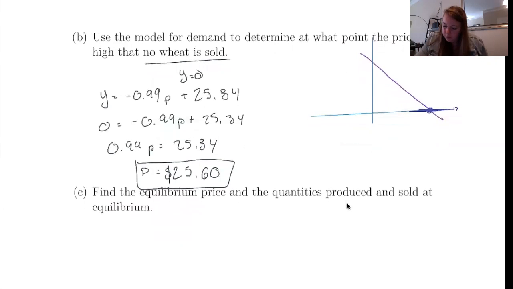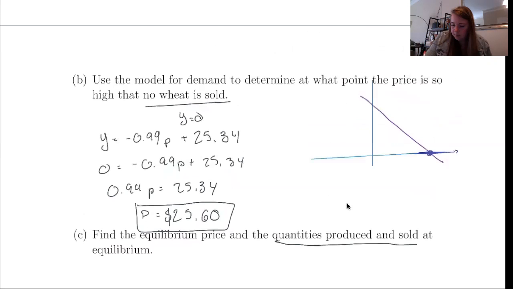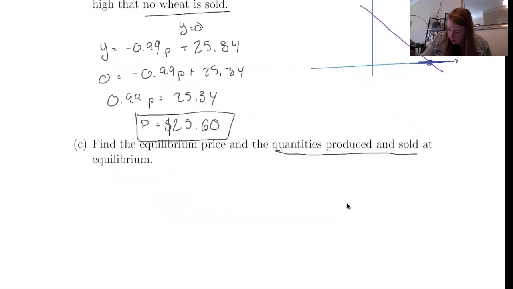Okay, cool. To find the equilibrium price, the quantities produced and sold at that equilibrium. So now we're going to smush these two together. So let me grab my demand equation, copy, paste.